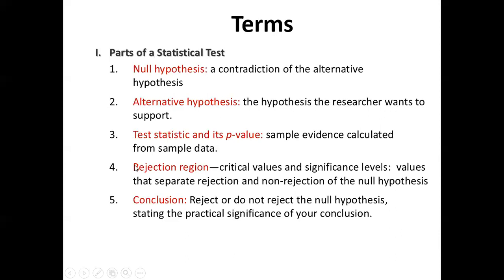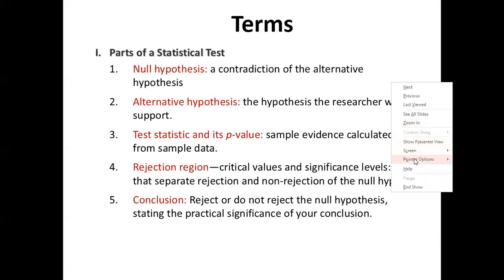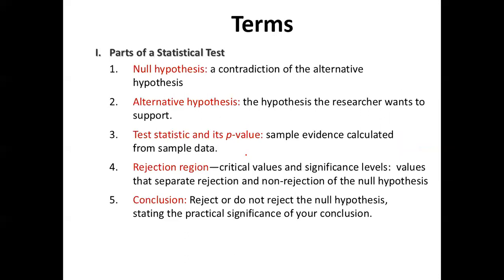So in this fourth step, we find the critical value, the Z score, and the significance level alpha, either 0.01 or 0.05.